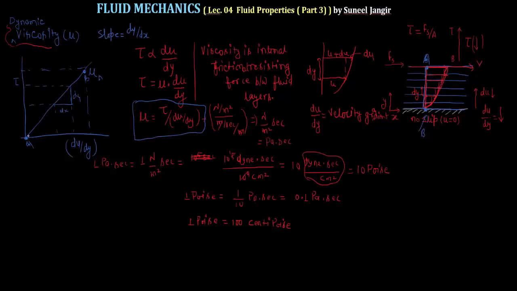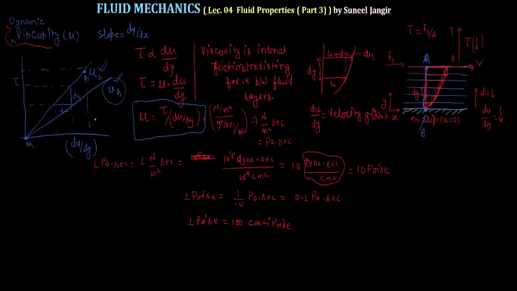Now if I'm saying this is another line for some other fluid, I'm representing this as mu B. The slope of this line, for mu B, is less than the slope of this line, which is mu A. It means that for this type of fluid the viscosity is less compared to this type of fluid, because the slope is less.